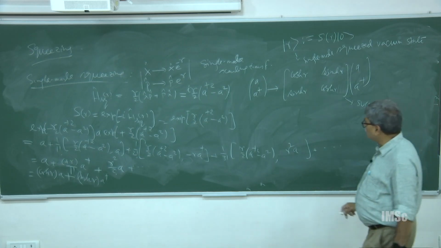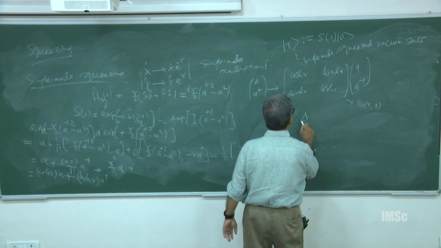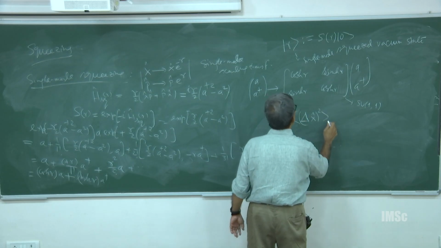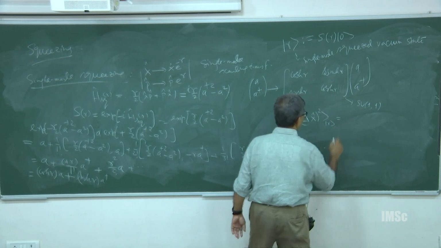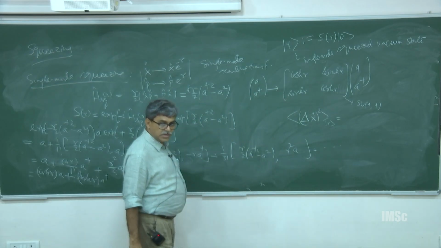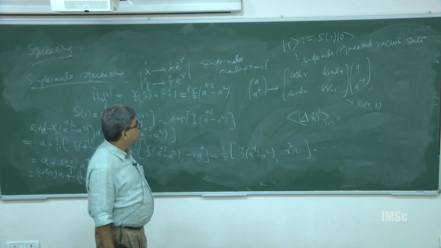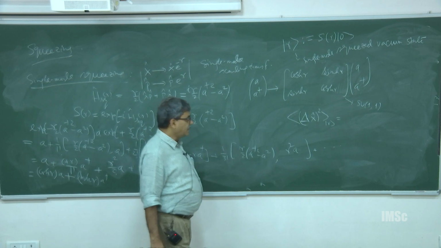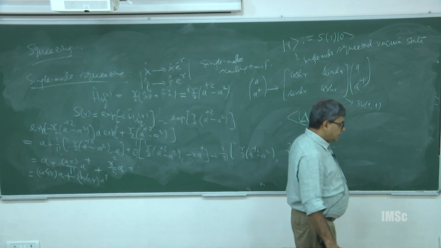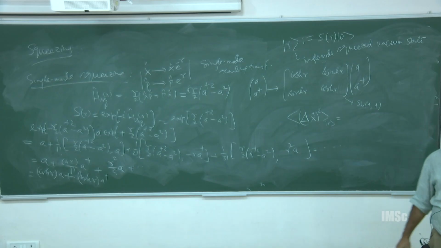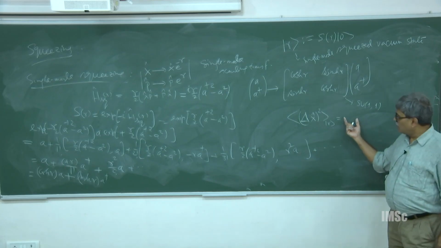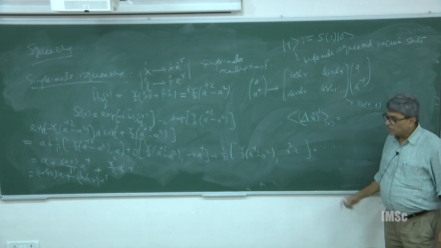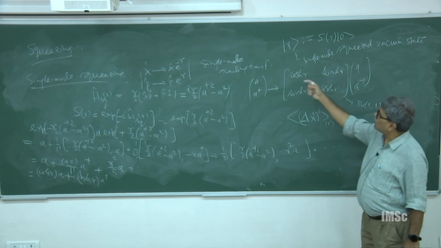So, now if I look at delta x square with respect to this R state. Essentially what will happen is that whatever the vacuum state uncertainty is there in the position will be multiplied by e to the power minus twice r.